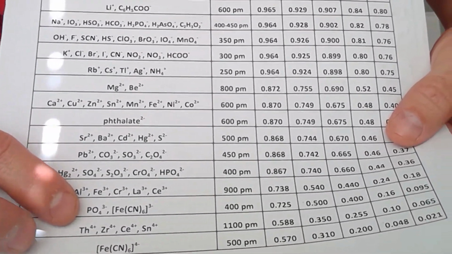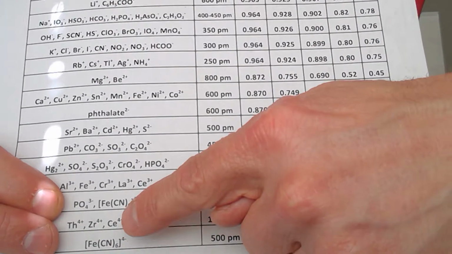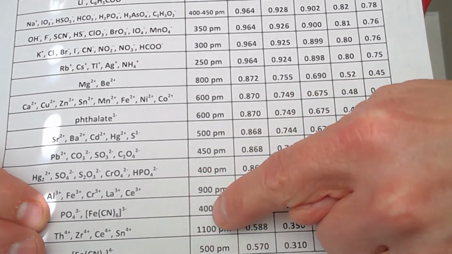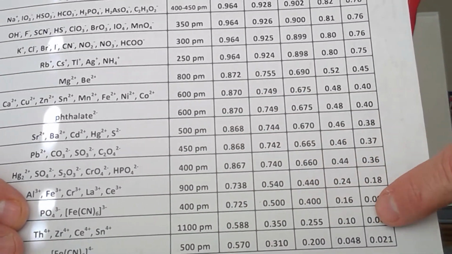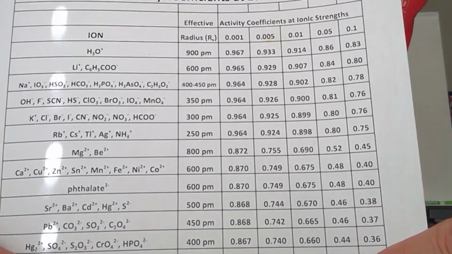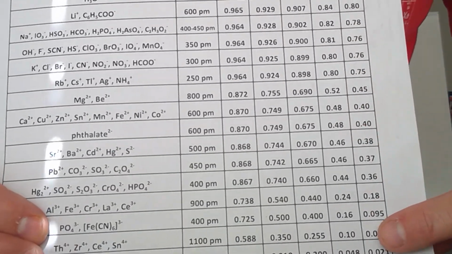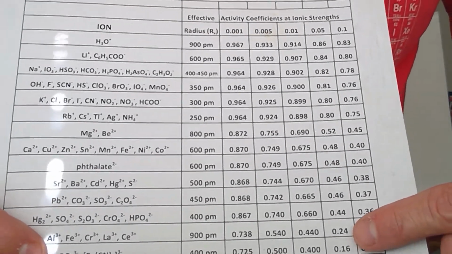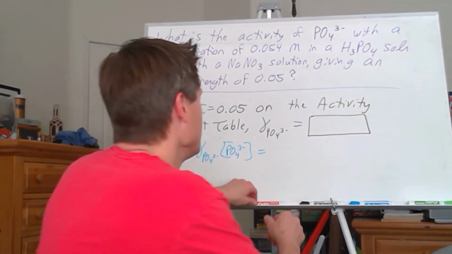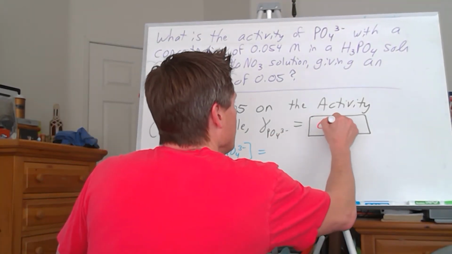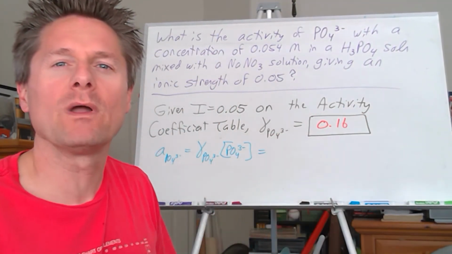See the phosphate ion? So we're going to look across from the phosphate ion to the second to the last column right here, which is the 0.05 ionic strength, and that gives us a value of 0.16. So the activity coefficient is 0.16 from that table.